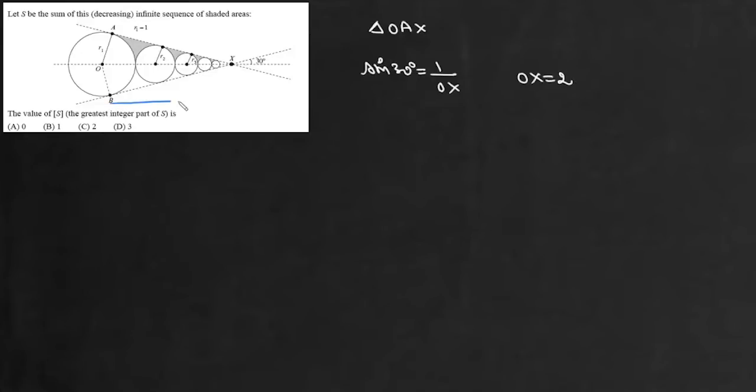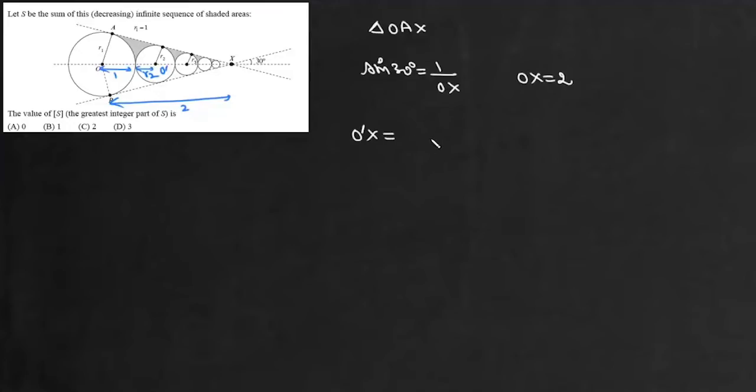Now this value is 2, this is 1, and this is R2. So basically this O dash X will be 2 minus 1 minus R2.